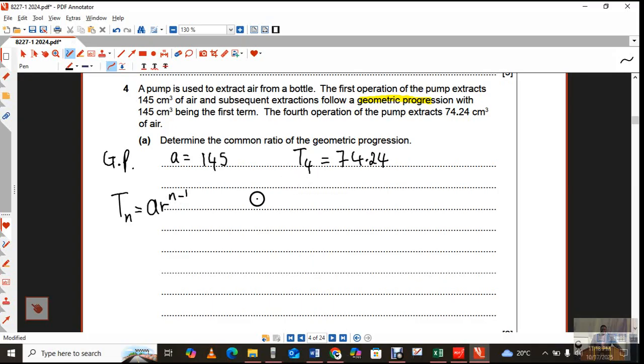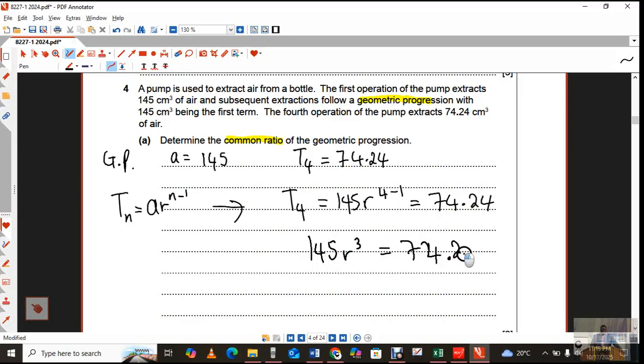So the fourth term will be a, which we know is 145, multiplied by r, because they are asking us to determine the common ratio, so r is unknown, to the power 4 minus 1, and this is equal to 74.24. It becomes a very easy operation in order for us to find the value of r.